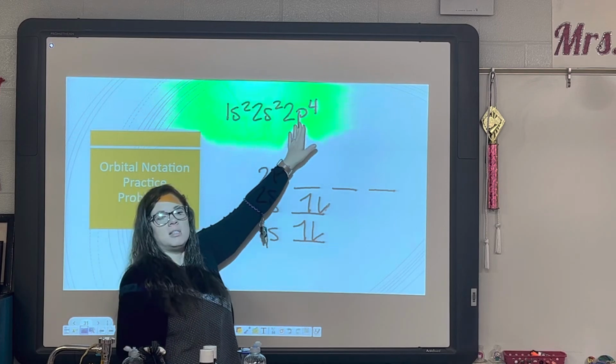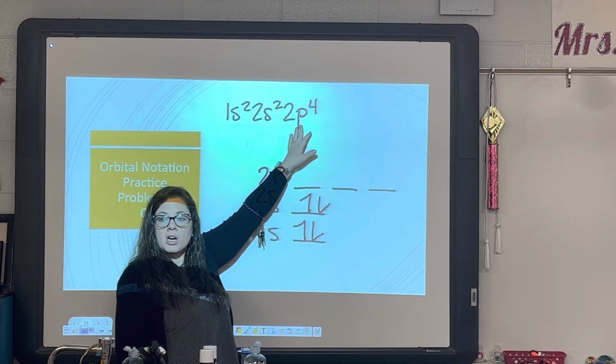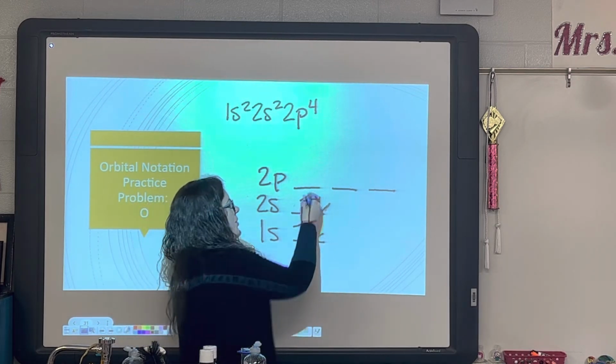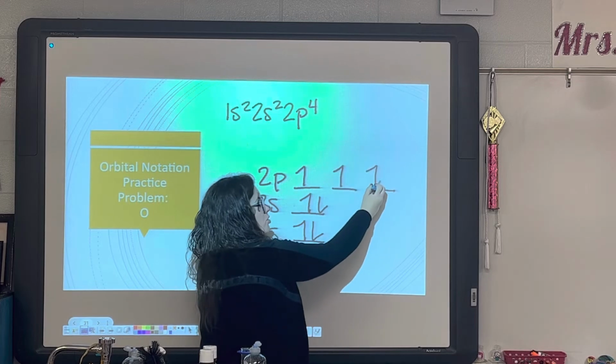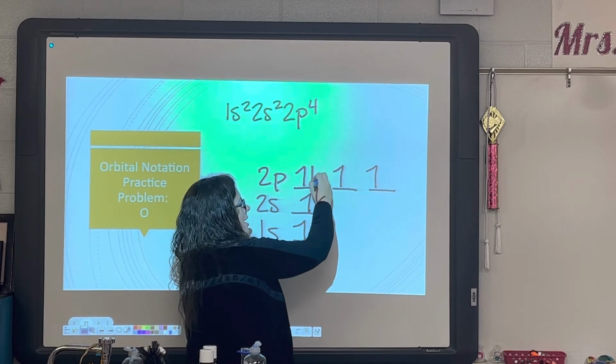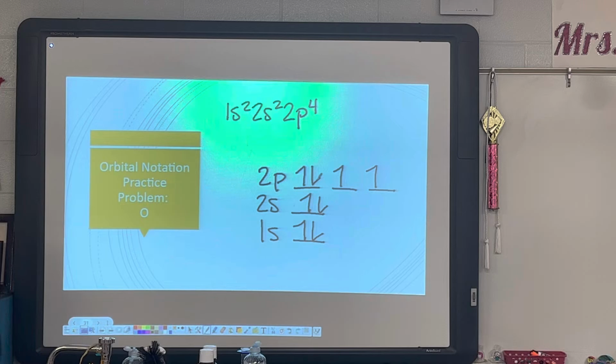And now, how many is in my 2p? 4. So Hund's rule. I have to put 1 in each going the same direction before I go back and double it with the opposite direction. Any questions on that one? So that would be the orbital notation of oxygen.